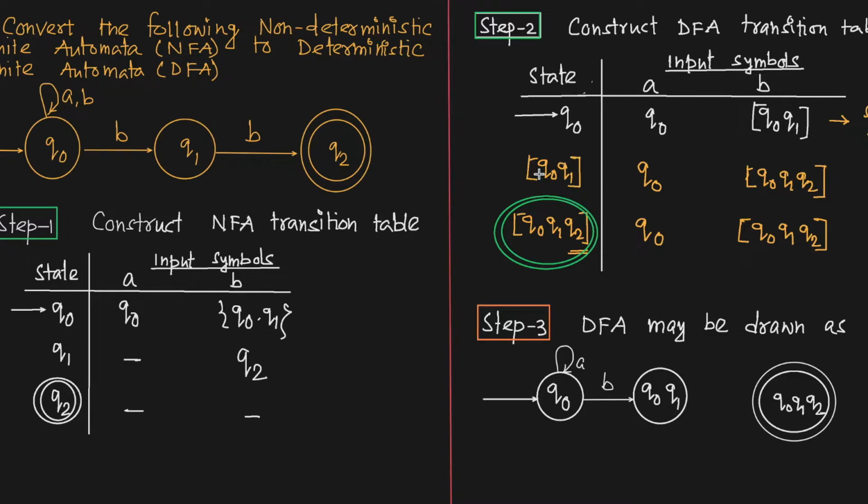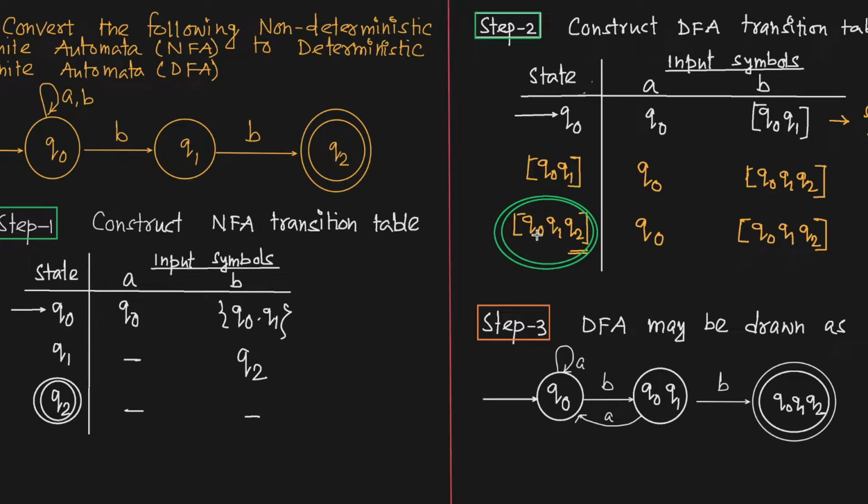Next, Q0 Q1 on A goes to Q0. Q0 Q1 on B goes to Q0 Q1 Q2.